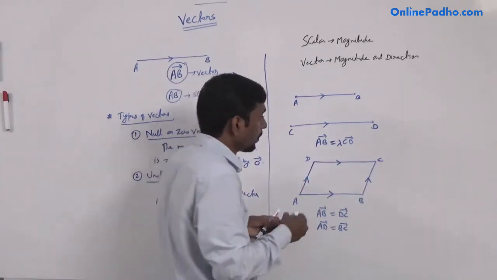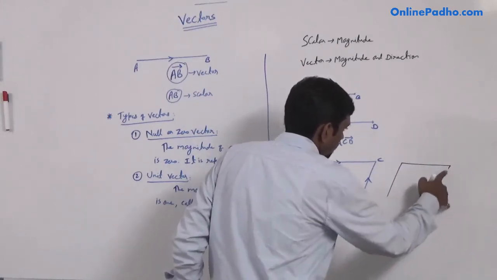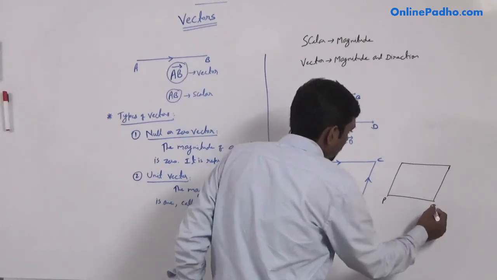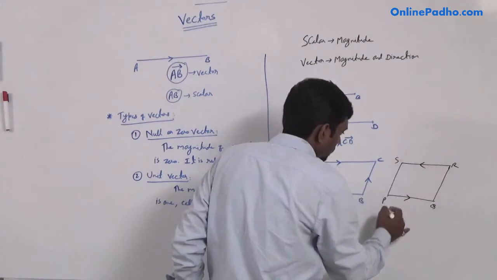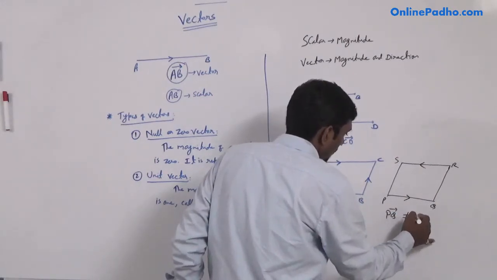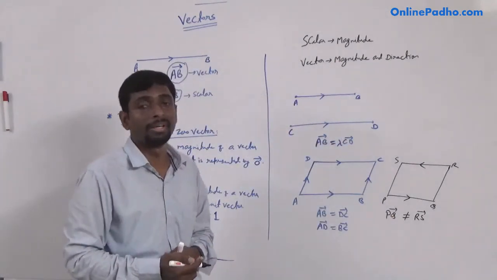But in this parallelogram PQRS, if you have PQ and RS, the PQ vector is not equal to the RS vector because directions are opposite, not exactly same.